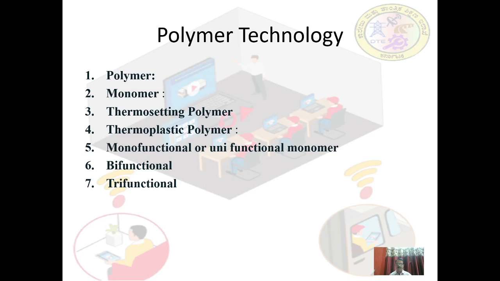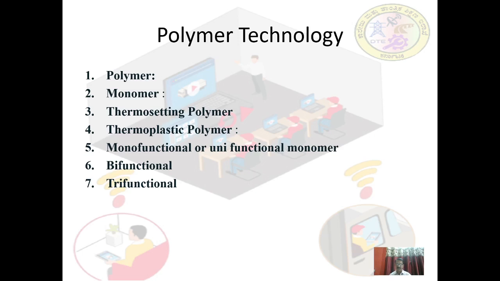When a monomer contains three active or reactive groups, then it is termed trifunctional. For example, a benzene ring. It is important to note that the trifunctional polymer may be a mixture of monofunctional and bifunctional structures.